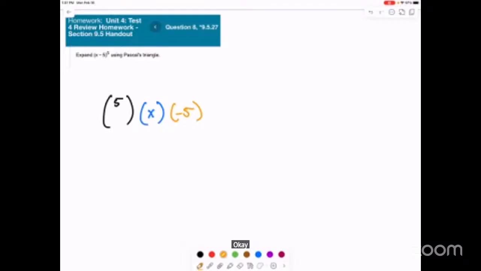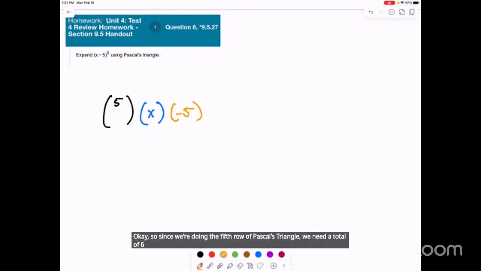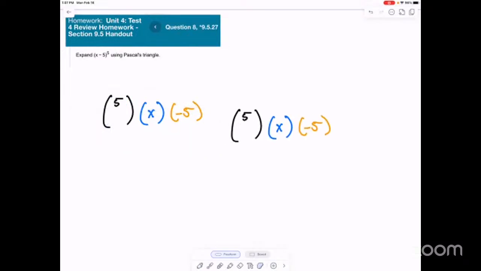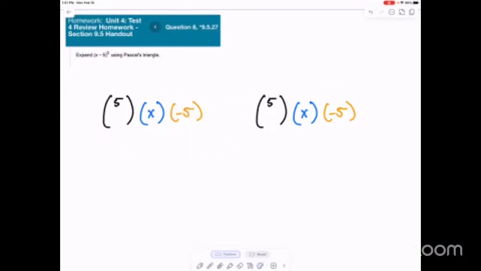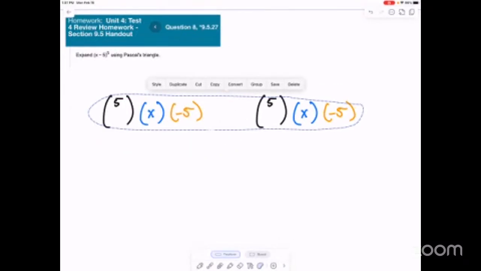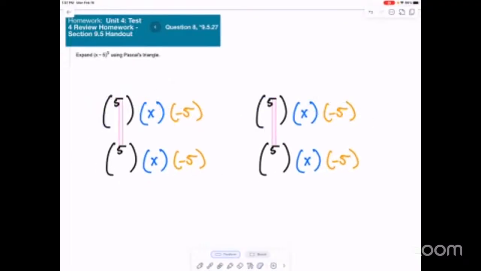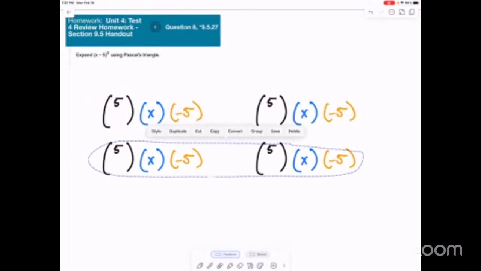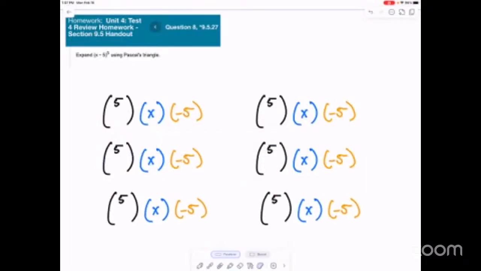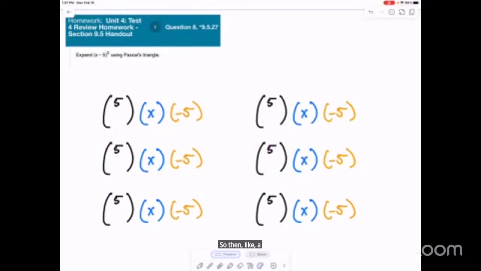Okay, so since we're doing the 5th row of Pascal's triangle, we need a total of 6 copies of this. So I'm just going to duplicate this 6 times. Then a plus, plus, plus, plus, and plus, okay?